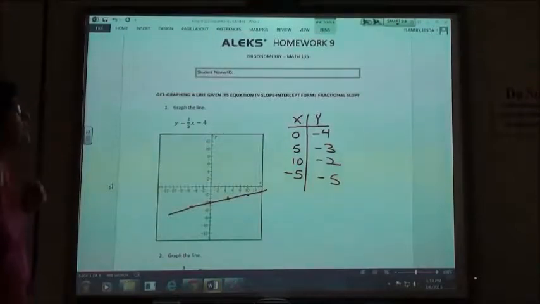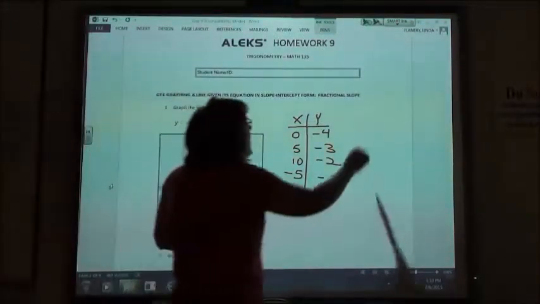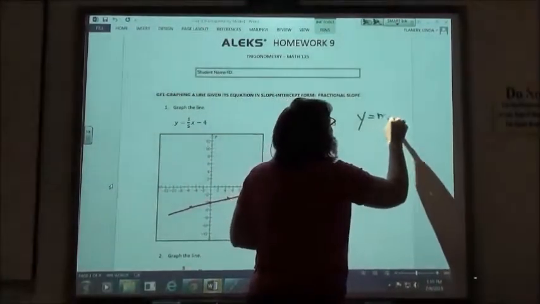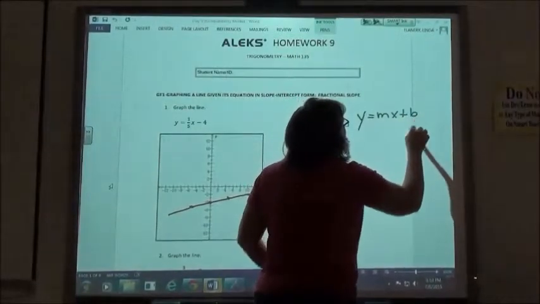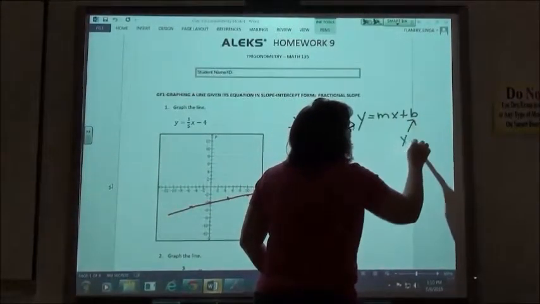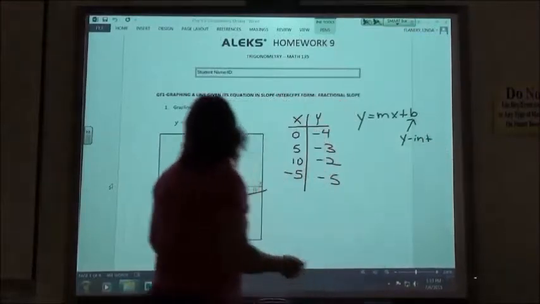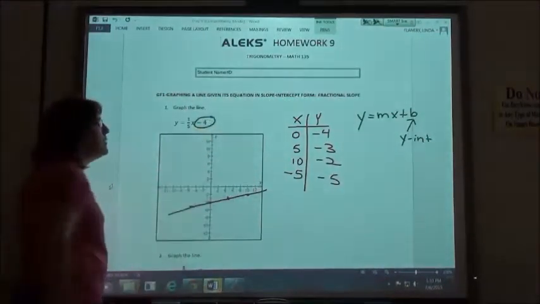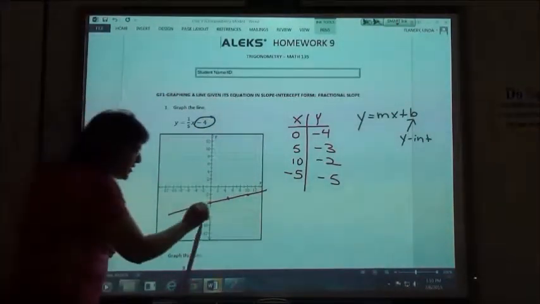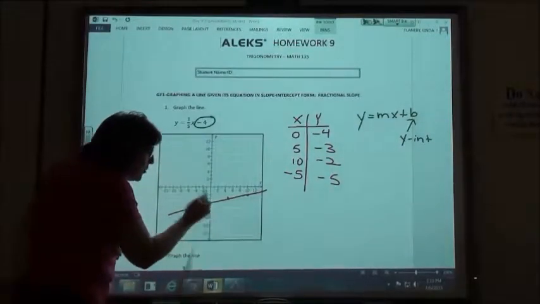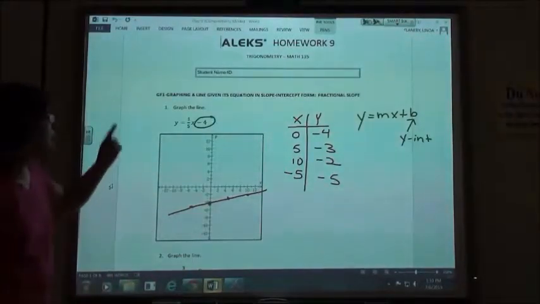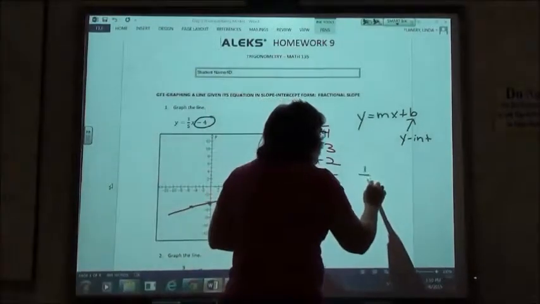The other way is using my slope and y-intercept. If I have the equation y equals mx plus b, we know that the end number is the y-intercept. So in this case, my y-intercept is at -4. I should be touching the y-axis at -4, which was that point right down there. My slope is 1/5.